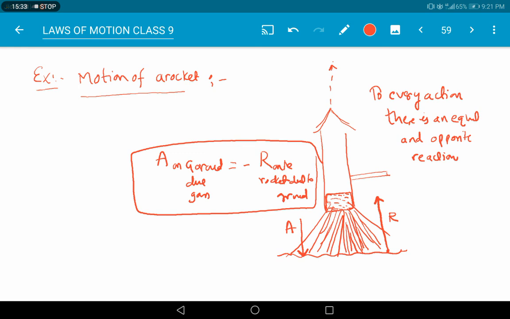There is an equal and opposite reaction that exists in nature. So this is Newton's third law of motion. Take the notes as they are in your classwork.